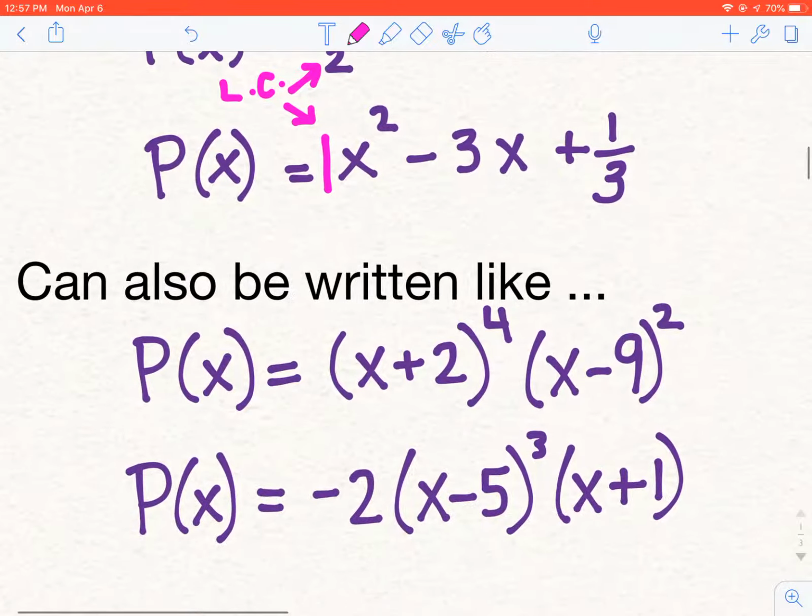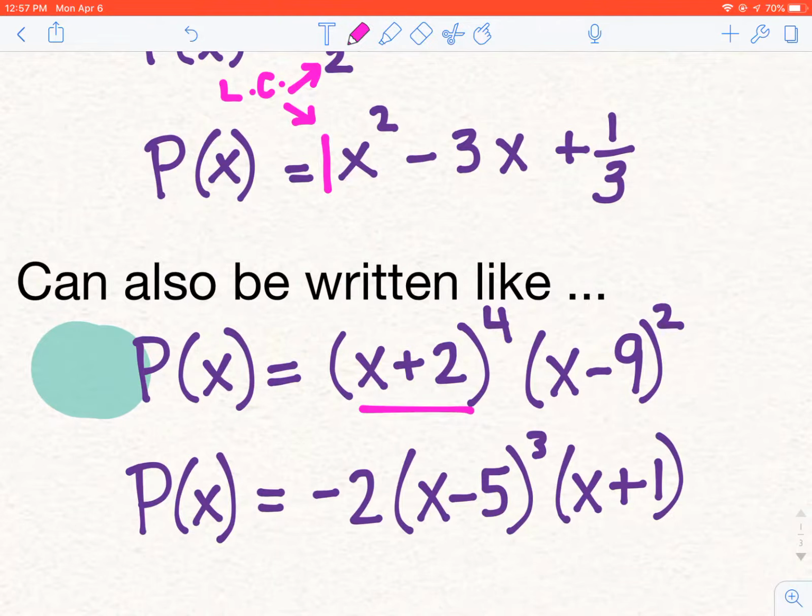Now sometimes we write them like this. And this is a nice way to write them because this tells us what our roots are. So I know that this first polynomial is going to cross the x-axis at -2 and at +9.